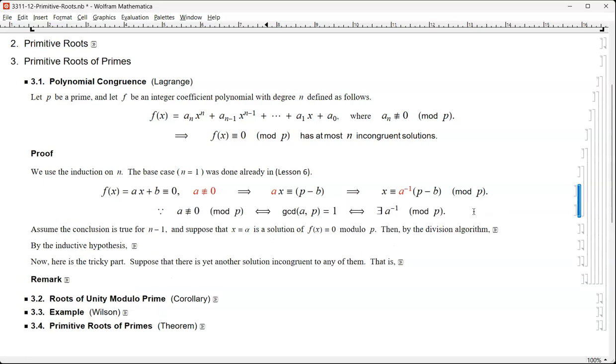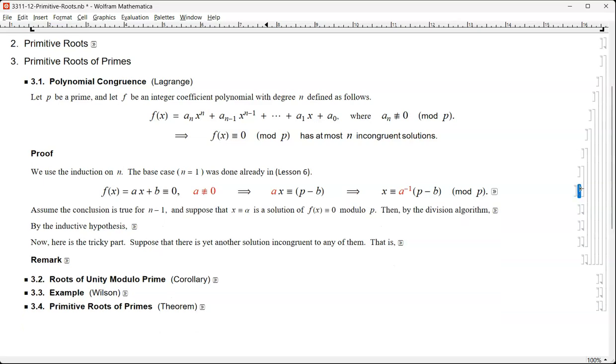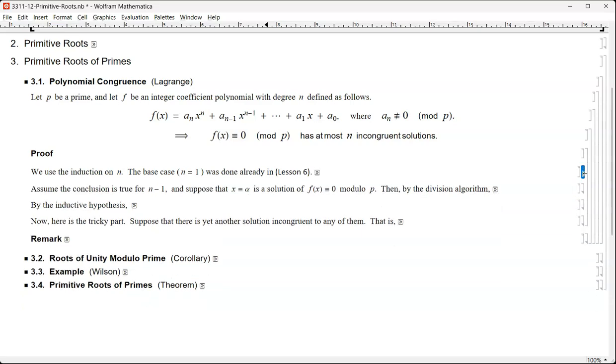And if it exists, then it is unique. You have to go all the way back down to the linear Diophantine equations and whatnot, but we went through all those before. And modulo prime, of course, it works out for whatever non-zero element. So we can do the division and we get the unique solution. So that's the base case.